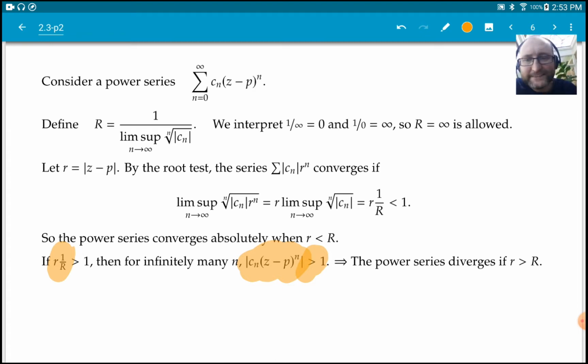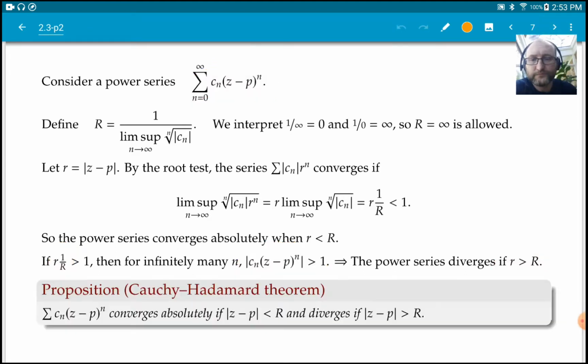So that means that in that case, this series will diverge. It cannot converge. I mean, a series, if it converges, its terms at least go to 0, right? So they can't infinitely often be bigger than 1, right? So the series diverges if you're further away than capital R from P, right?